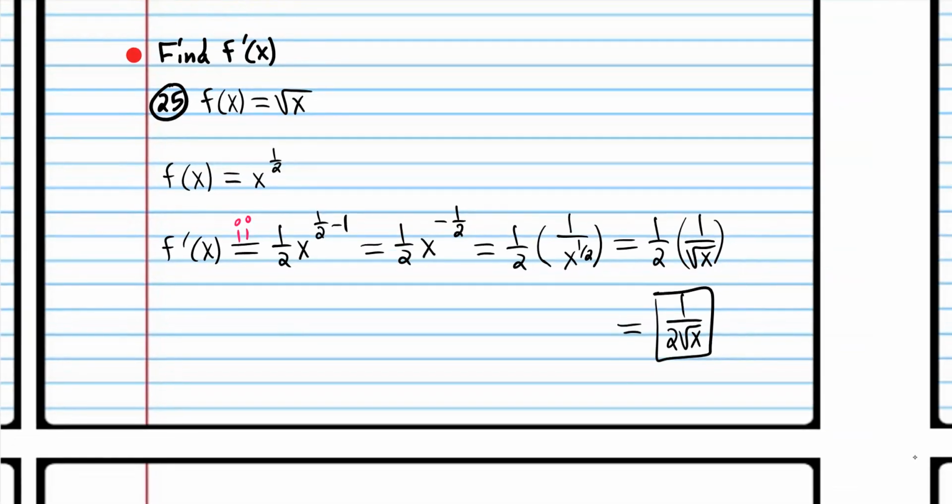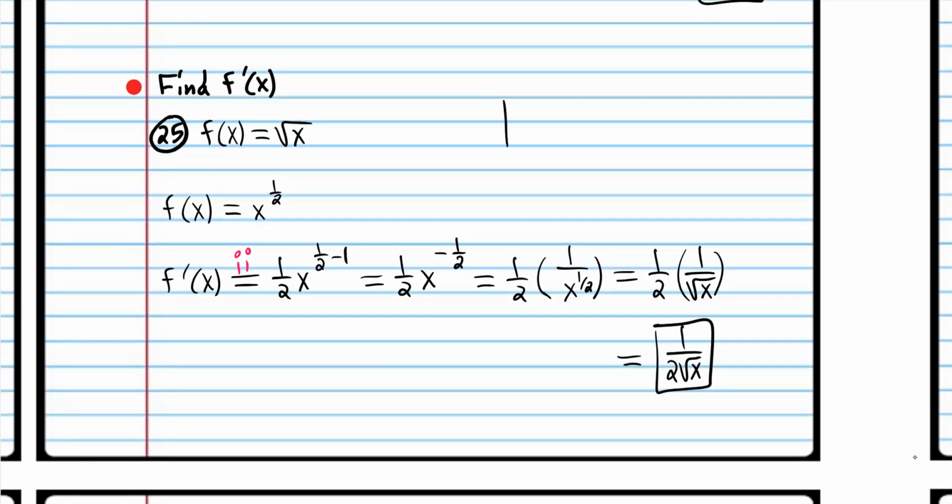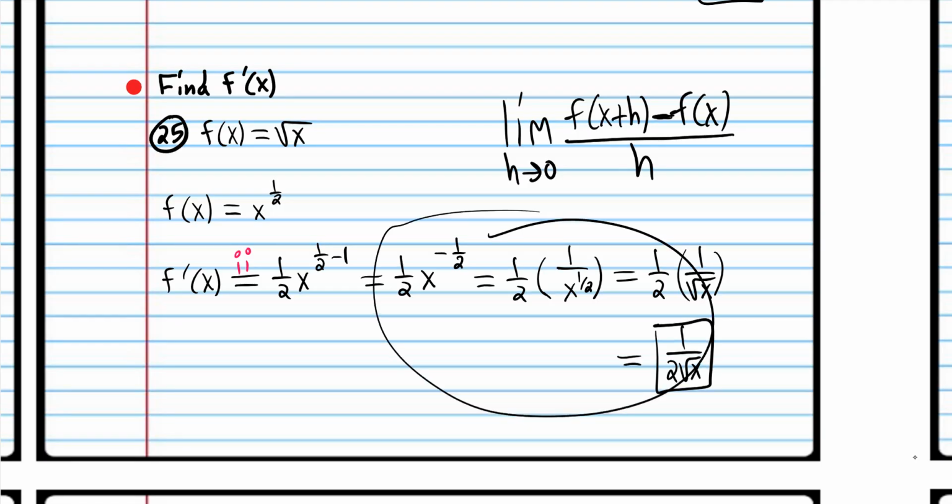Now, if you recall, in the previous class we actually found the derivative of this function using this formula, but that took a lot of time. So as you can see, using this math here is a lot quicker.